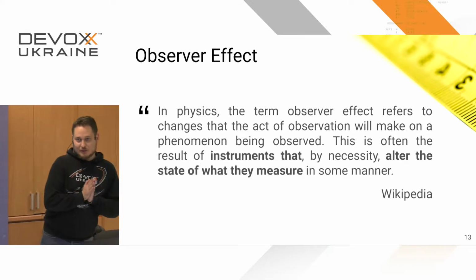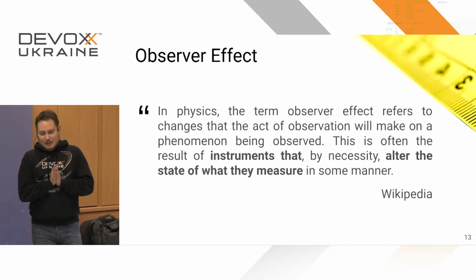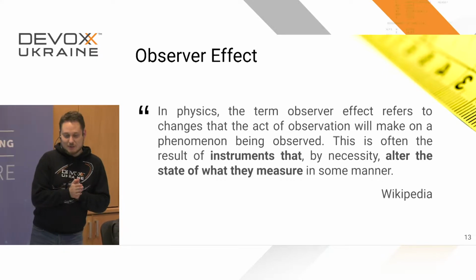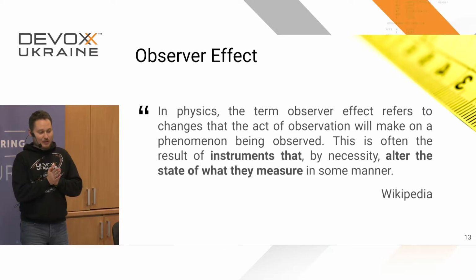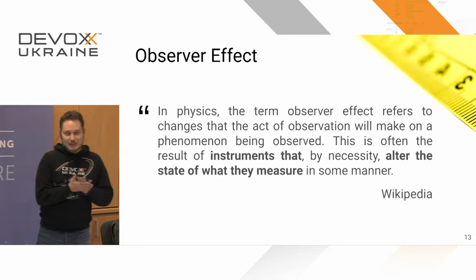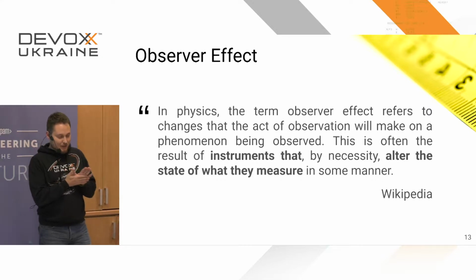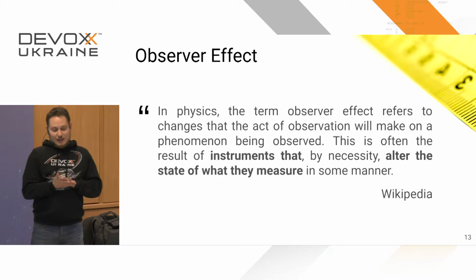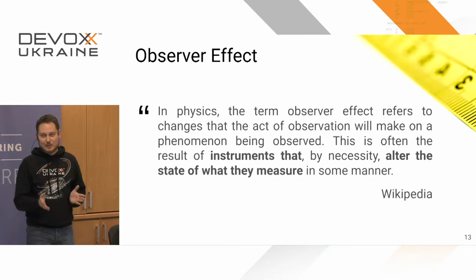Code coverage measurement. As soon as we talk about some measurement, I think it's important to remind of a term such as the observer effect, which comes from physics. You could see the quote from Wikipedia, but in short, it's simple as that. Any instrumentation is going to alter the state of what is measured.